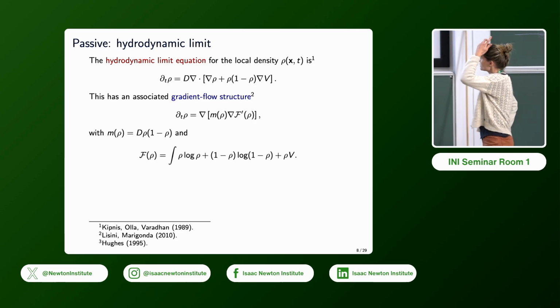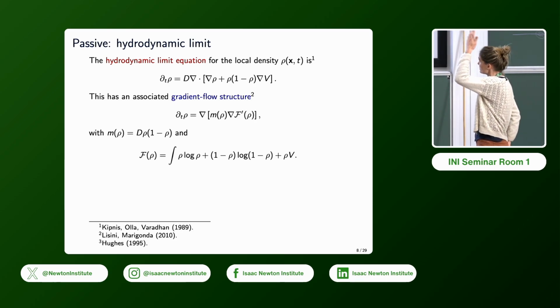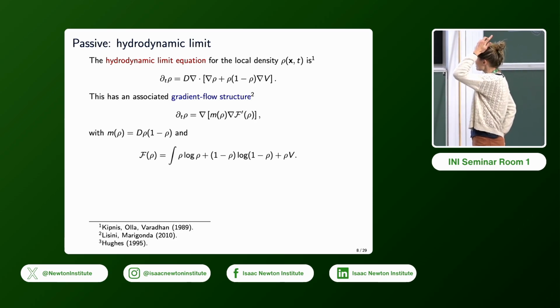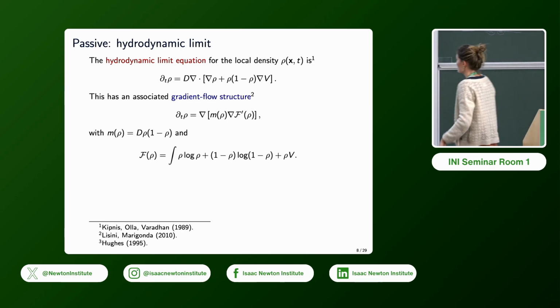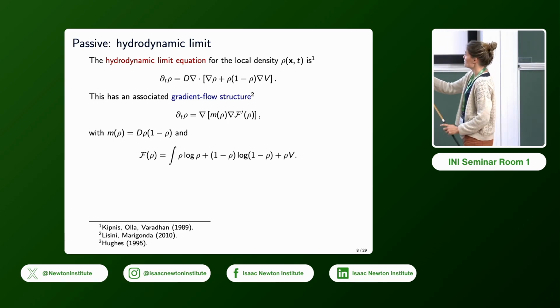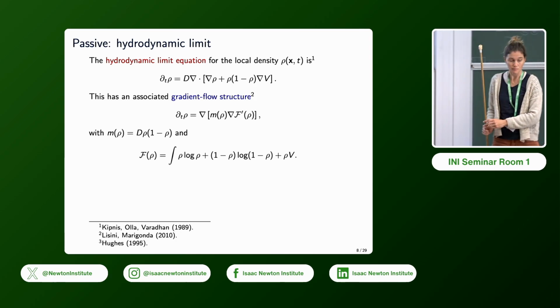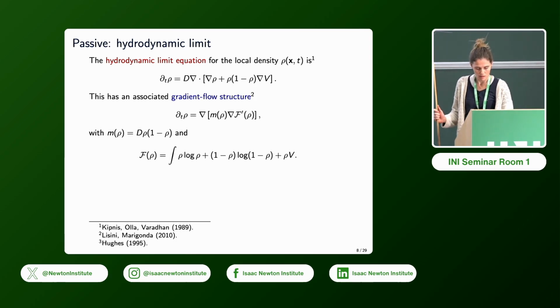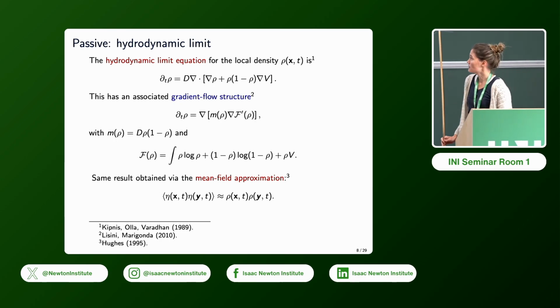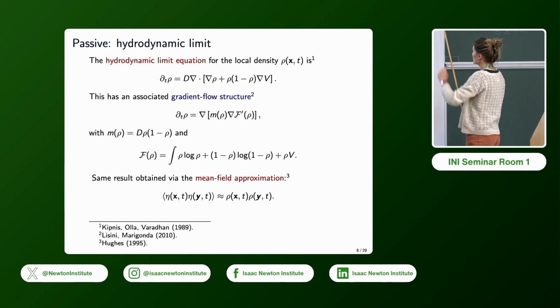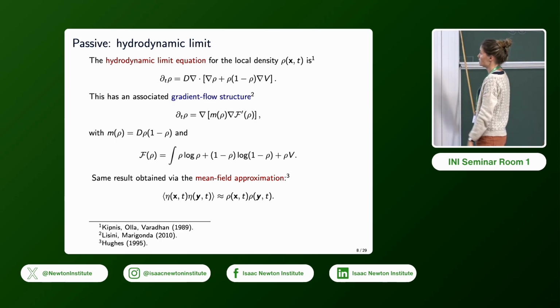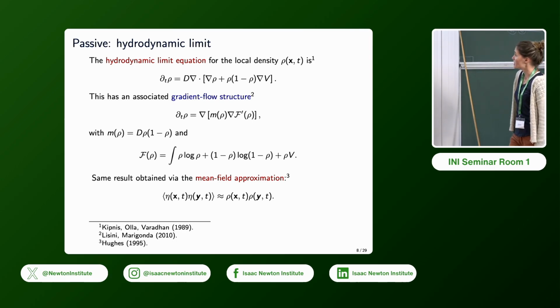Just to point out, you can rigorously find this as a gradient flow of this free energy here, with this nonlinear mobility. And in this case, the top thing is a rigorous exact hydrodynamic limit.